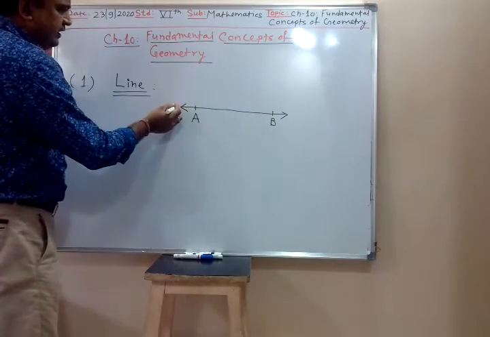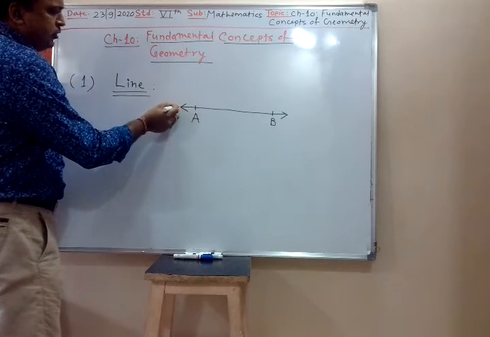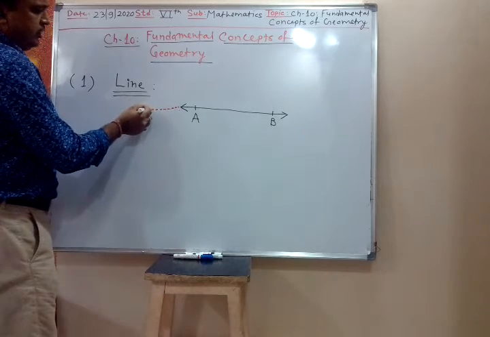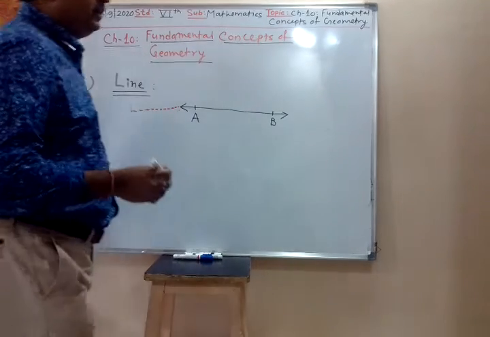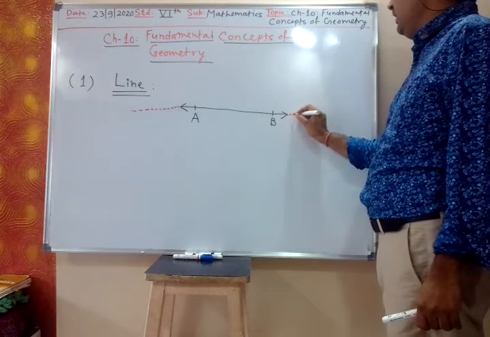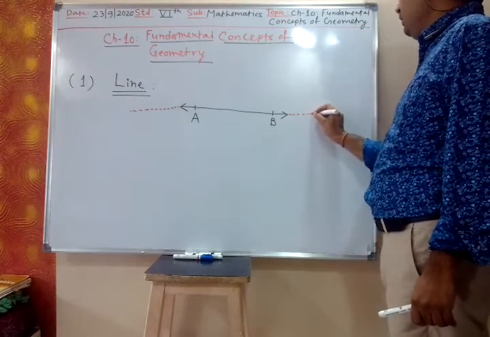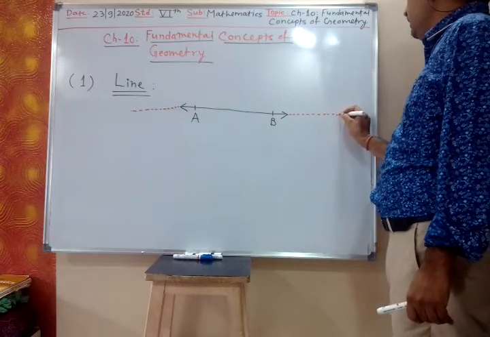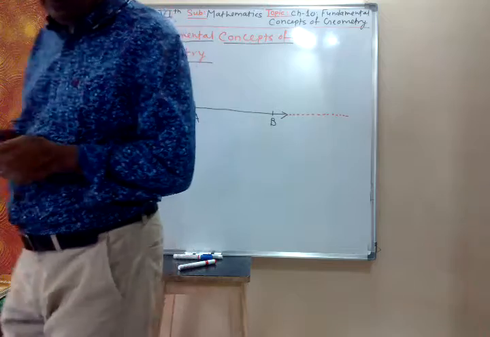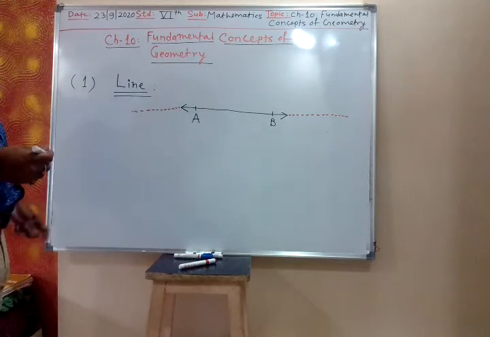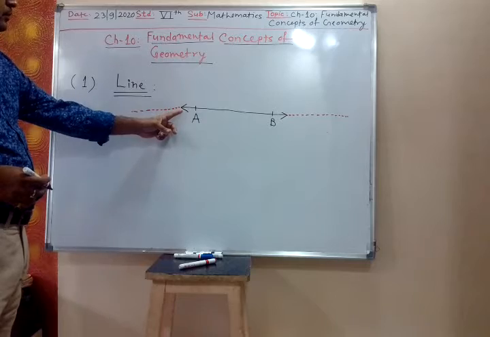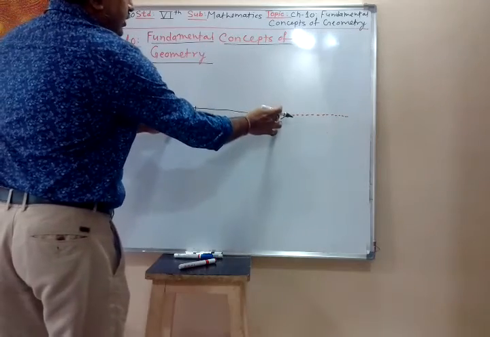A line has an arrow at both the ends. Both the ends can be extended. Dash means you can extend the line from the arrow ends. Both the ends have arrows, which means arrows can be extended.